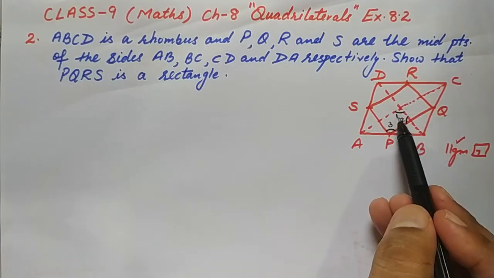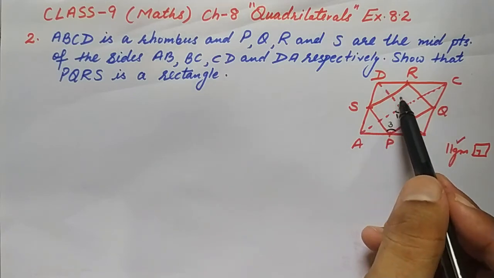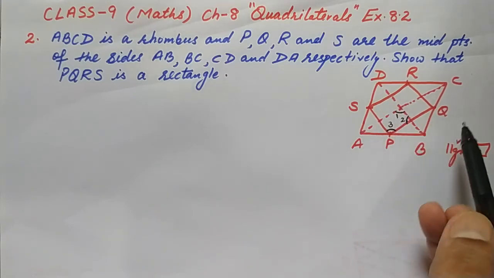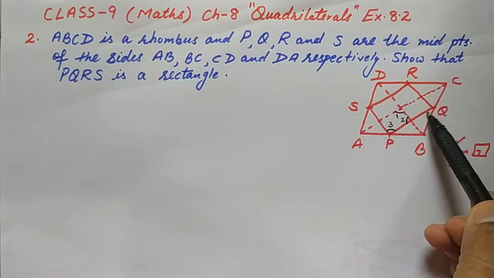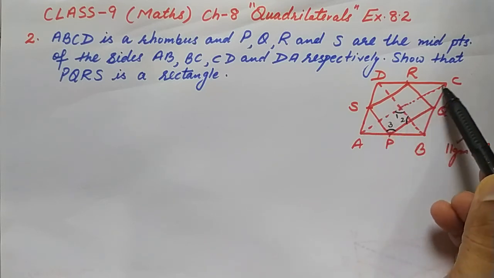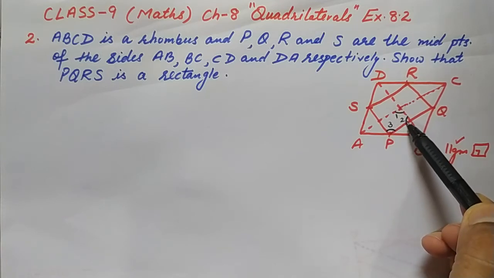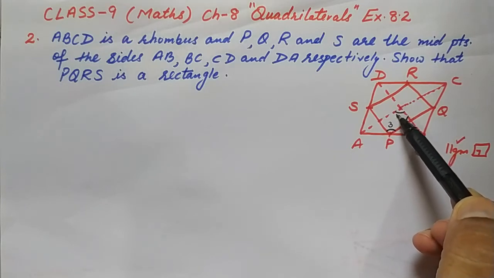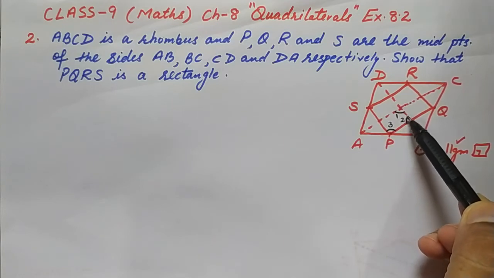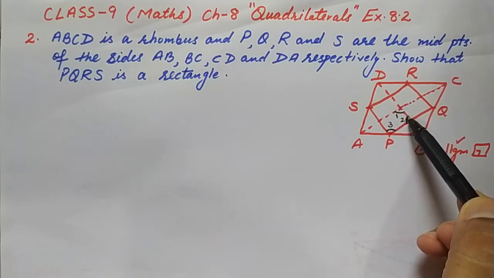Now AC is parallel to PQ by the midpoint theorem, and BD is the transversal. So angle 1 plus angle 2 is 180 degrees, because these are co-interior angles. Angle 1 is already 90 degrees, so angle 2 will also be 90 degrees, because their sum is 180 degrees.